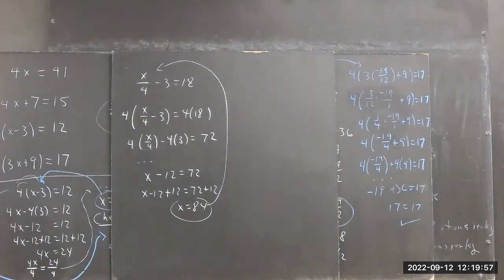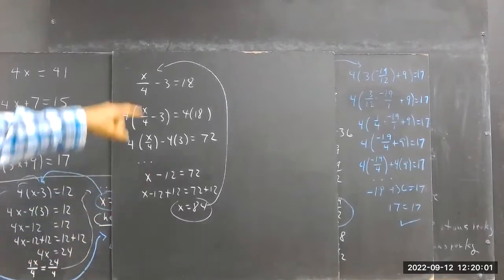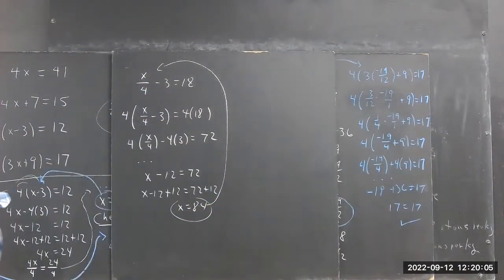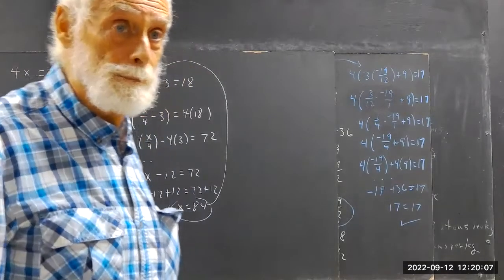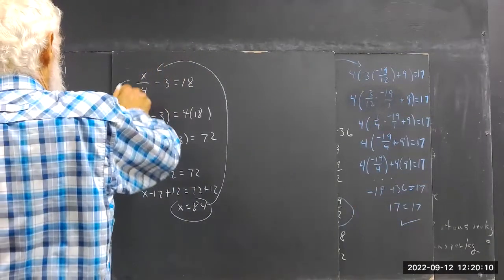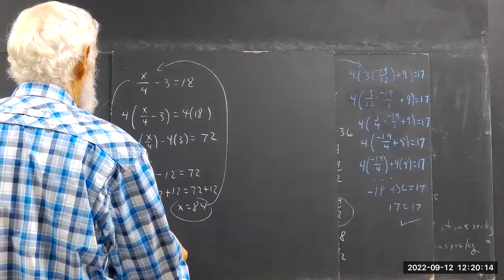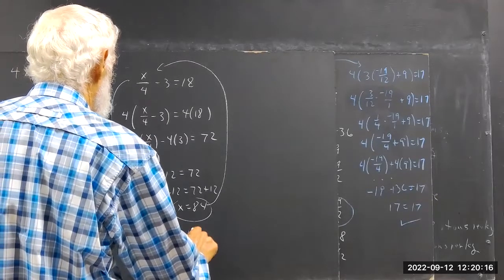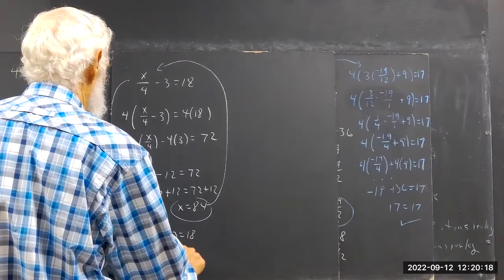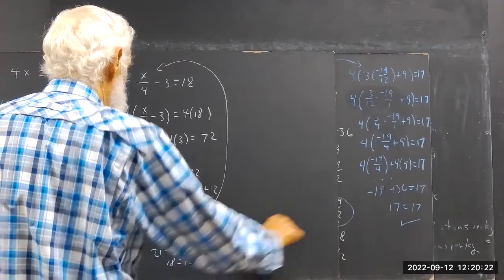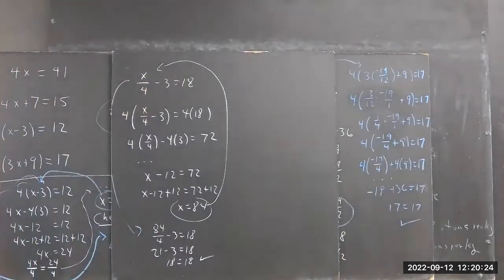And then we take that back. I'm not going to do that. 84 divided by 4 is 21. 21 minus 3 is 18. And you could easily write that out. So I'll do this: 84 over 4 minus 3 is 18. 21 minus 3 is 18. 18 equals 18, check.